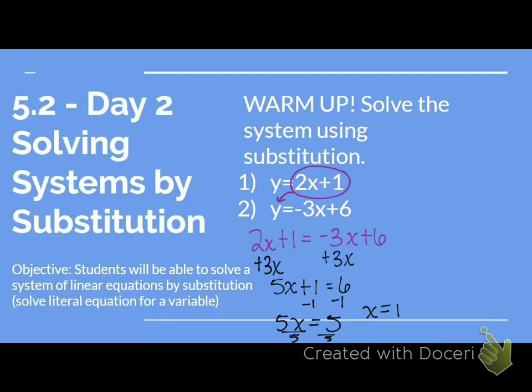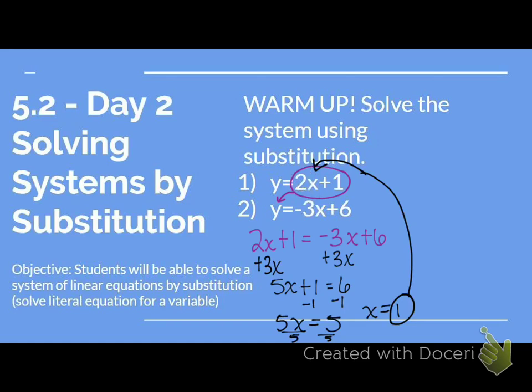Are we done? No, we found x, but we still need to find y. So we take that number that we got for x, and we bring it back up and plug it in for x. Especially on this problem, you could plug it in for either x.